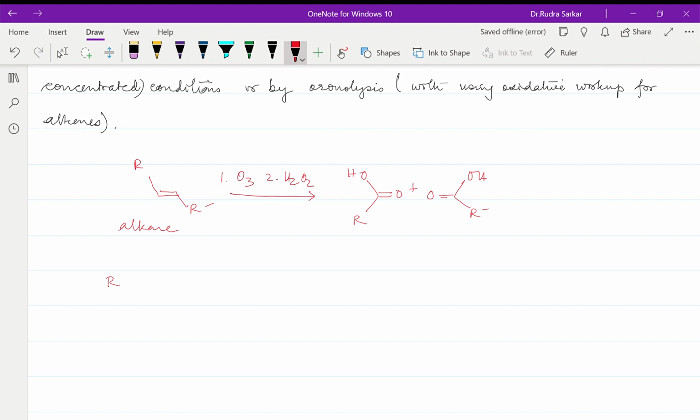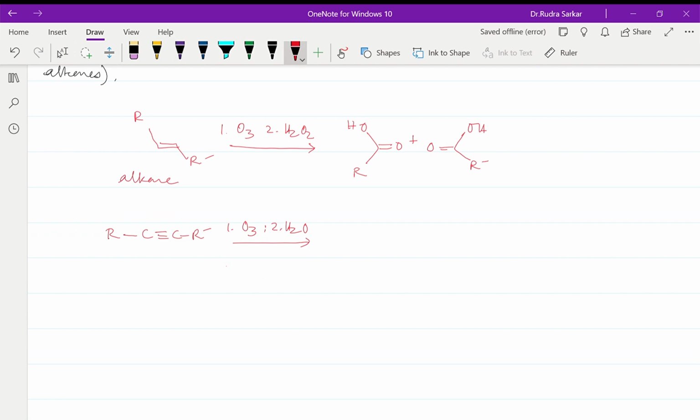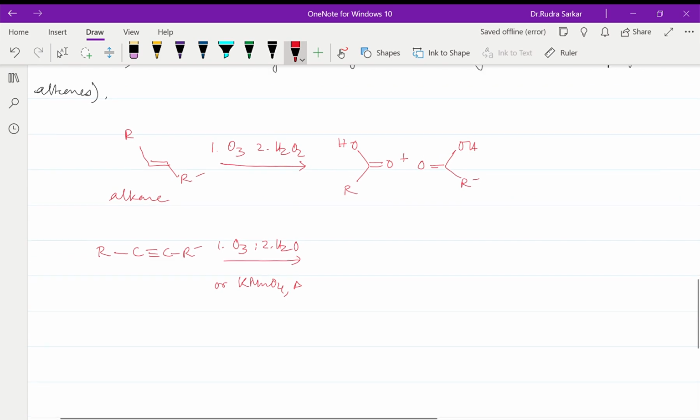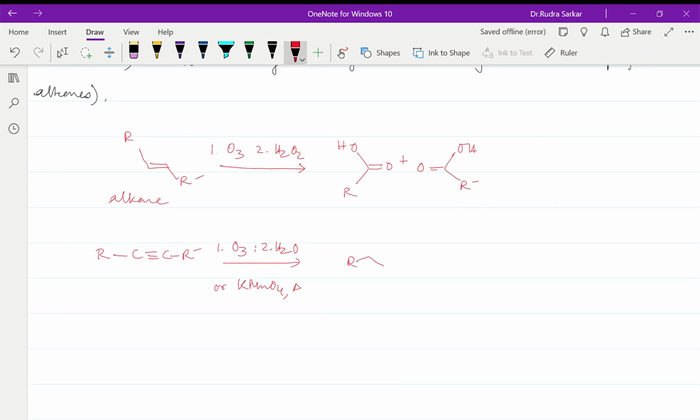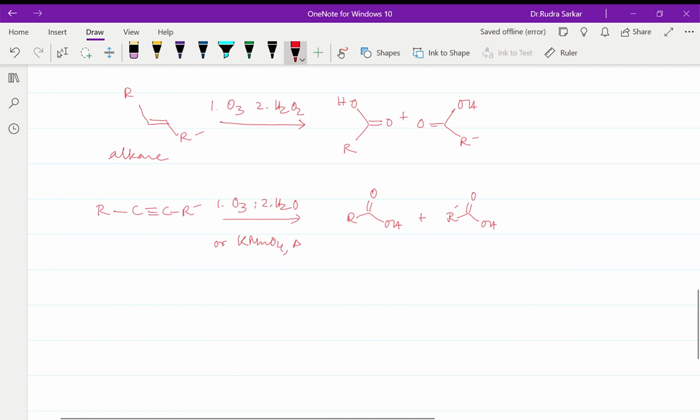Or if we were to use the alkyne, again we use KMnO4 and heat, and then what we will get is carboxylic acids as the products.